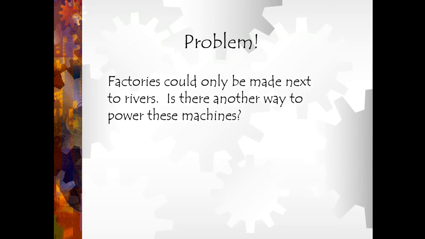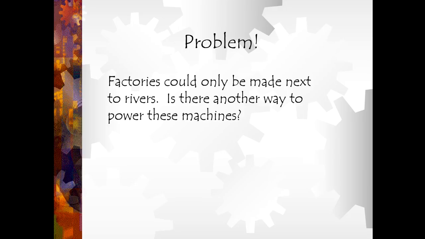So the problem is that factories can only be made next to rivers. So is there another way that we might be able to power these machines where there is no water? So we want the flexibility to have a factory anywhere, even a factory, which would be a lot easier, right next to the natural resource that we're using.